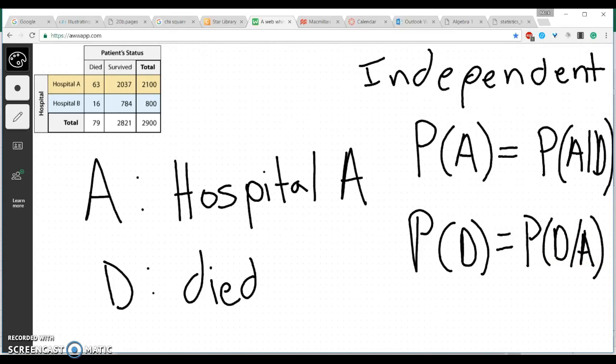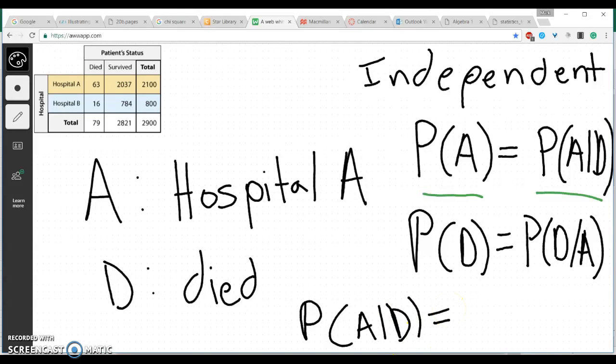So that's the basic idea behind independence. Your hope is that the probability of this event is the same as if you have this given. Okay? So we're going to see what it means to be given, and then we're going to test if these things are actually independent. So, the first statement that we had was the probability of A given D.